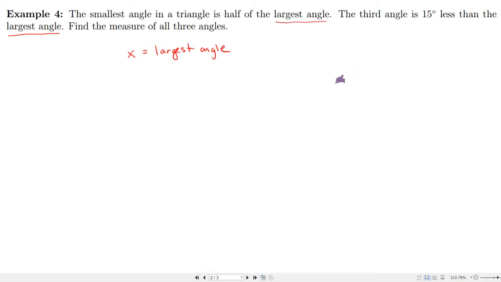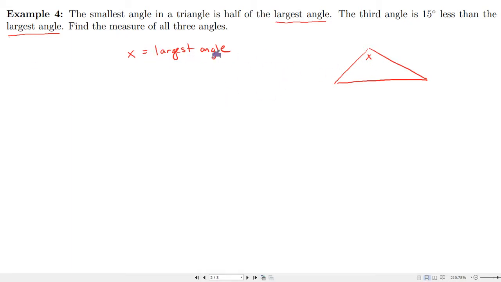Now, if you want to draw a picture, you can certainly do that as well. Just be careful though, because we weren't given any general information about this triangle other than that we have three angles. So just draw a general triangle, but don't make any additional assumptions. So we could label that thing as x, but maybe I'll do both simultaneously.